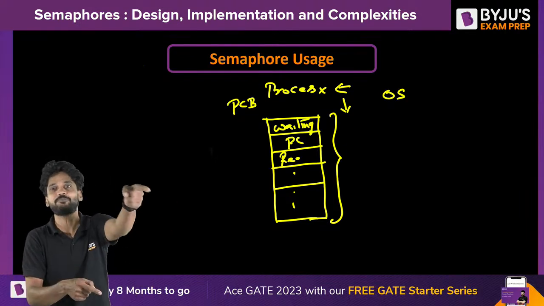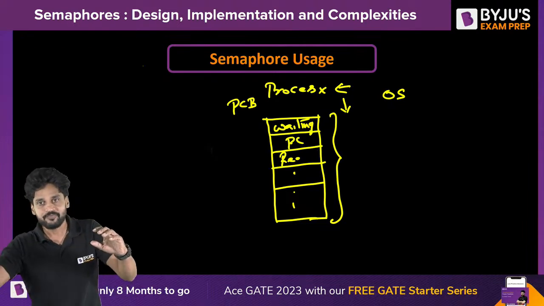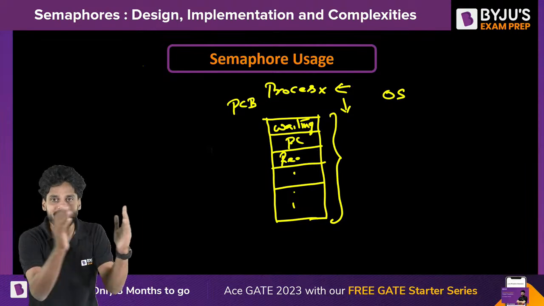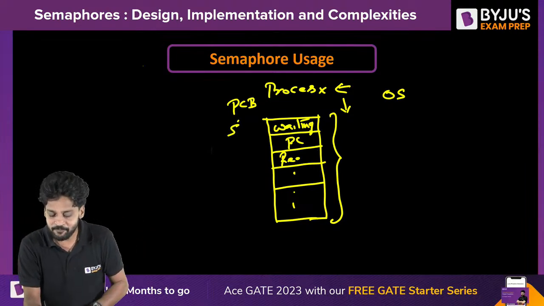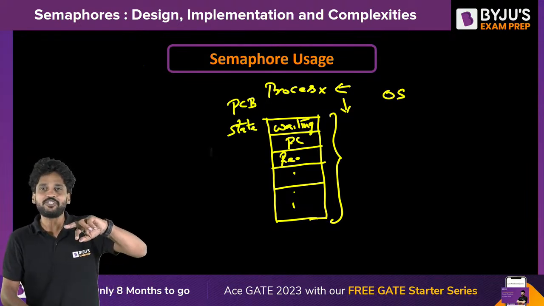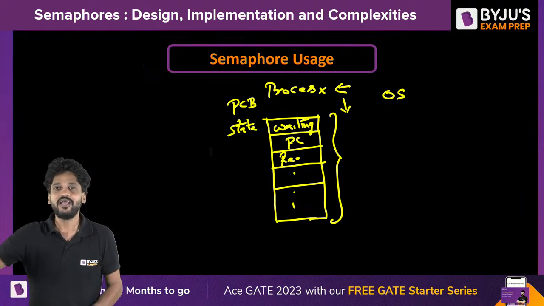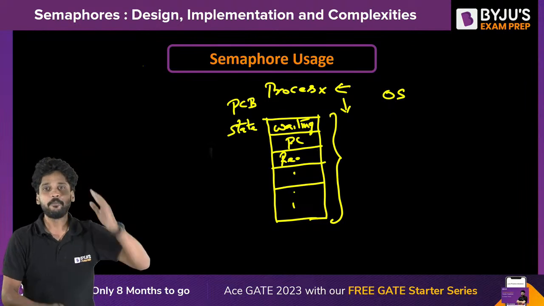Simply, I will go to your corresponding PCB in the kernel and open the door of your PCB. In that, there is a field called state. In that state, I will change from the ready state to the waiting state. That means you are blocked. As long as you are in the waiting state, you will not be picked up for execution by the scheduler.